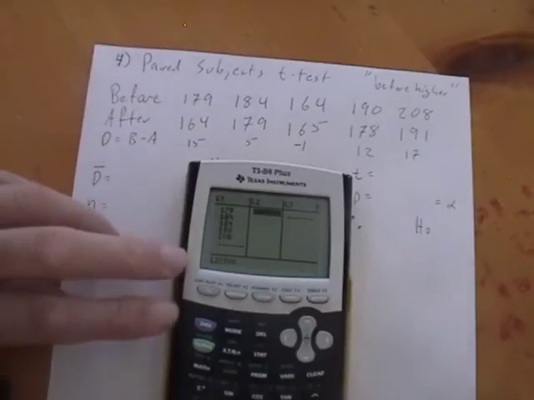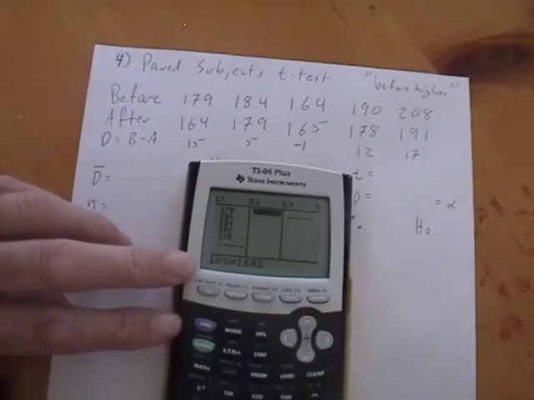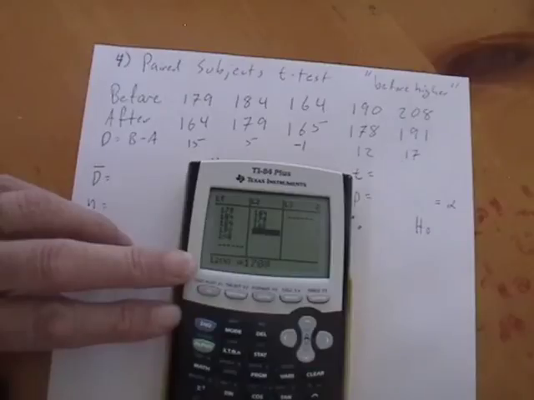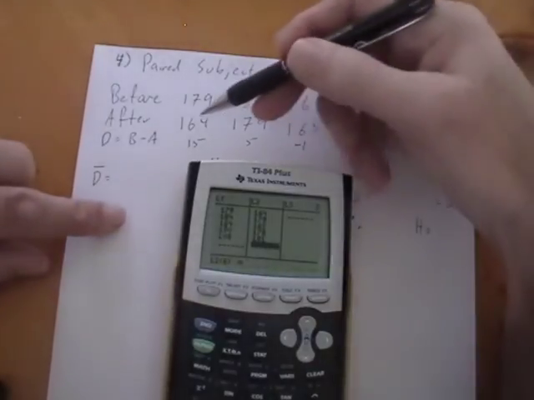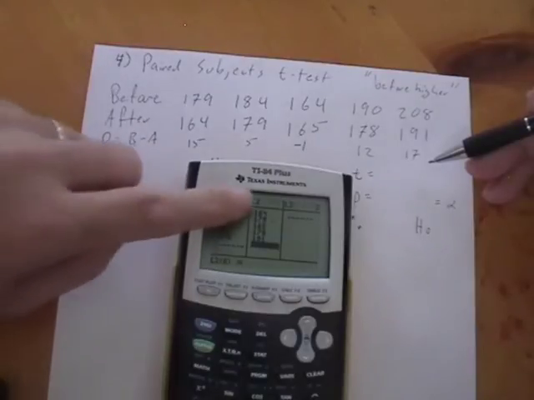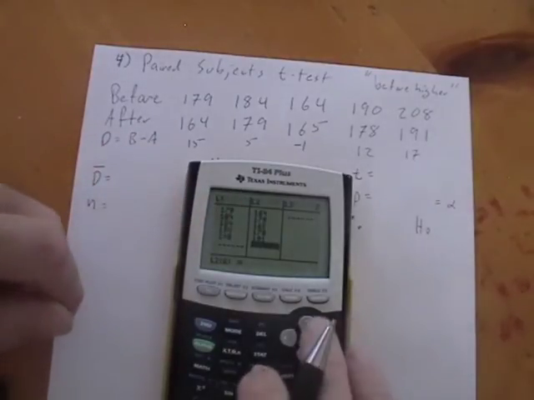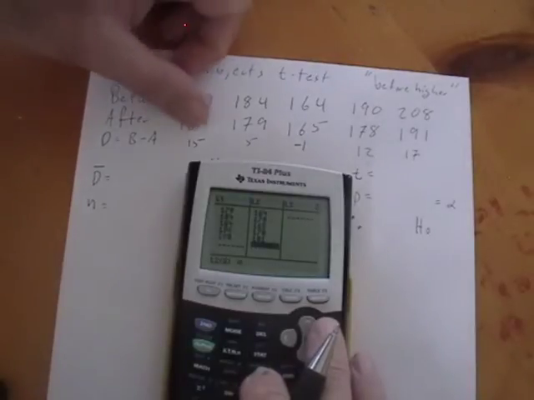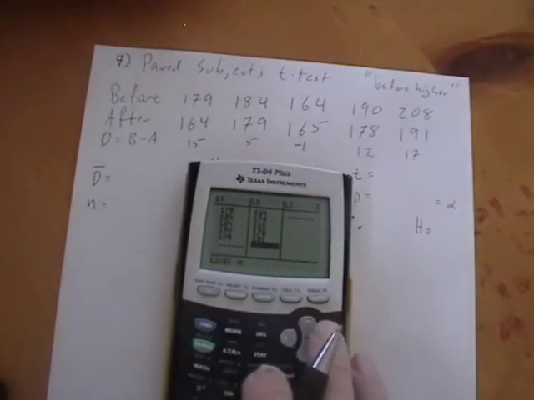In the other list, I'm going to put in the 164, the 179, the 165, the 178, and the 191. Actually, you could just put in this line. I'm only showing this technique with the two lists separately in case you don't want to trust yourself to do all of the subtractions correctly. It's so that I can show you something you might not know your calculator can do.